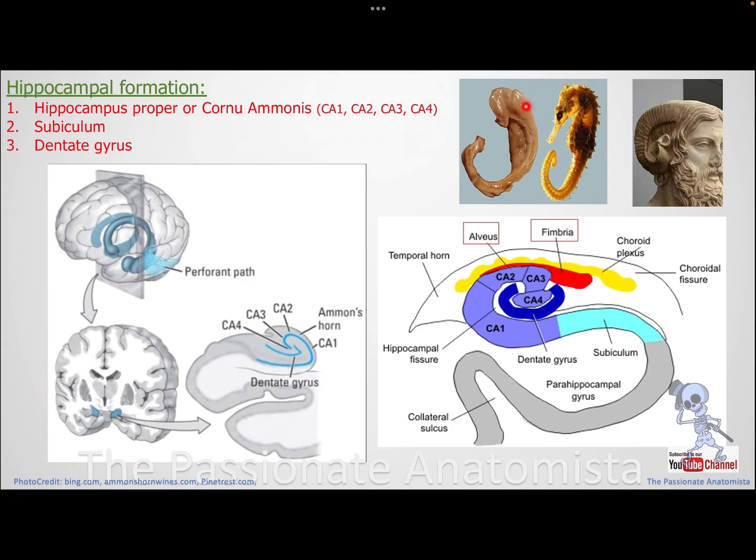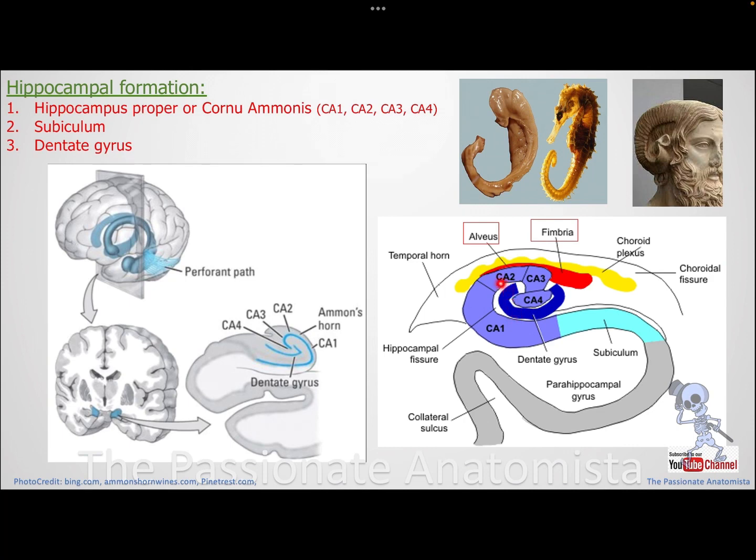This is the hippocampus, this is the dentate gyrus, and the subiculum is where you take your information out of the hippocampal formation, because subiculum in Latin means a transition. This is the transition that connects it to the parahippocampal gyrus.